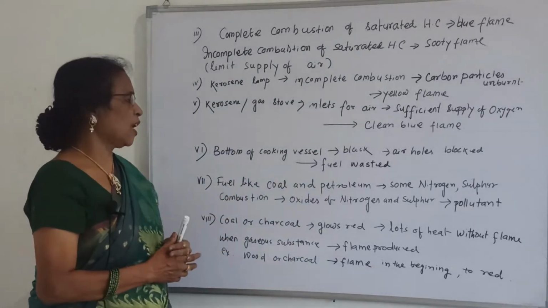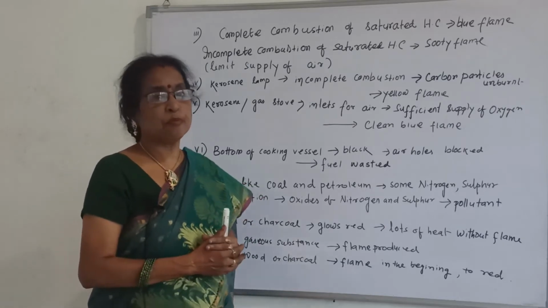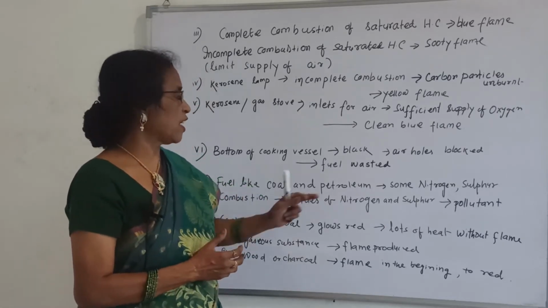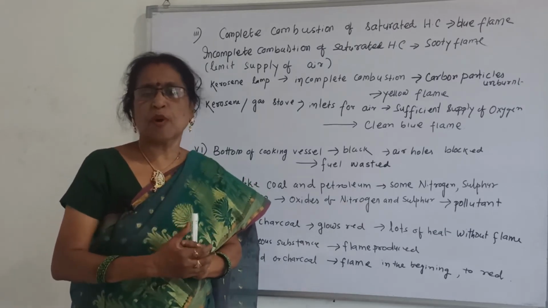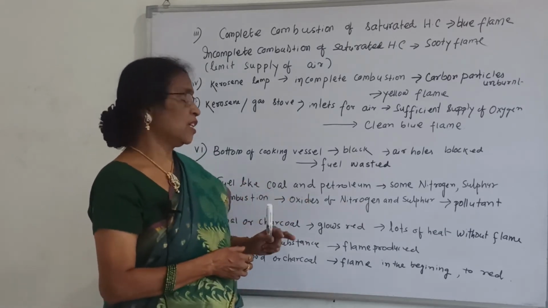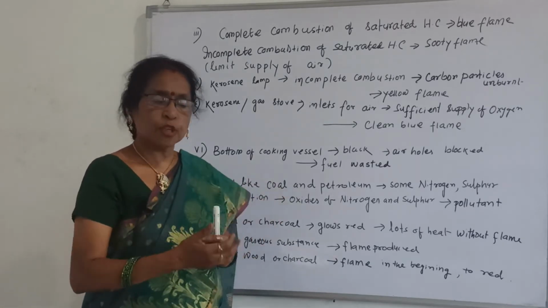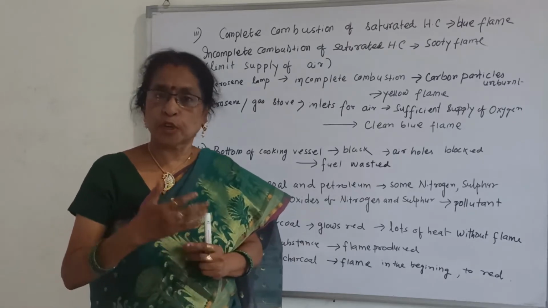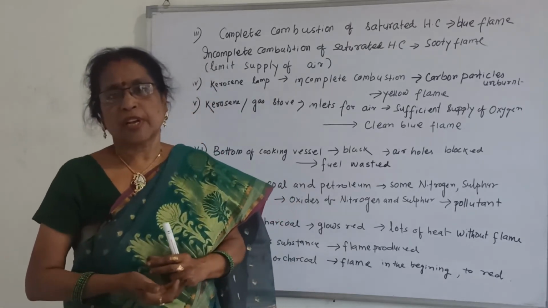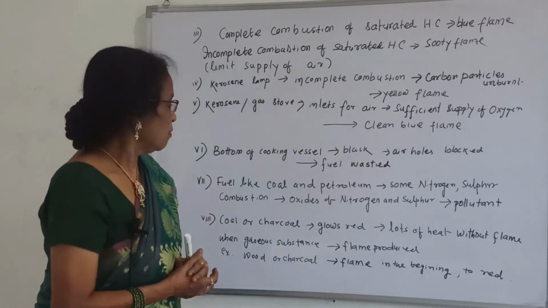Fuels like coal and petroleum are very important fuels, which contain some amount of nitrogen and sulfur. When they burn, in combustion, the oxides of nitrogen and sulfur are produced, which go into our environment and become pollutants.